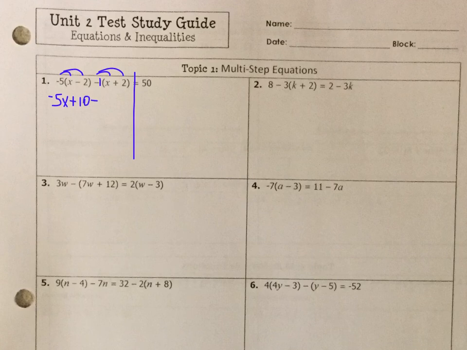Negative 1 times x is minus 1x minus 2 equals 50. Before I can move anything to the other side of the equation, I need to combine my like terms. Negative 5 minus 1 is negative 6x. 10 minus 2 is plus 8 equals 50.